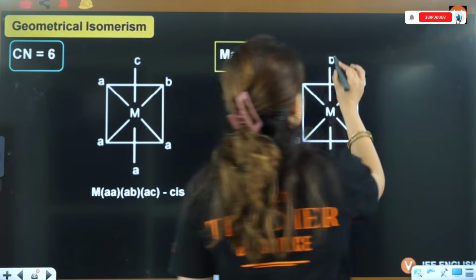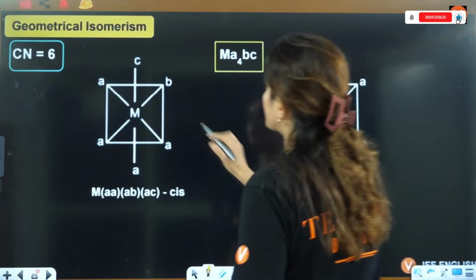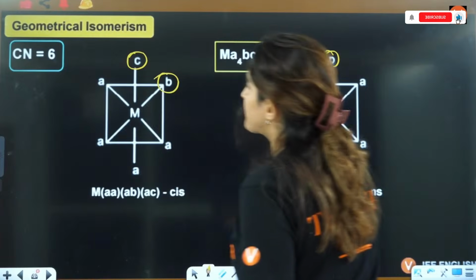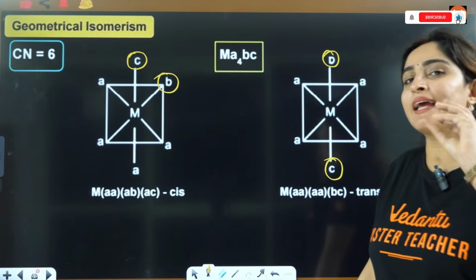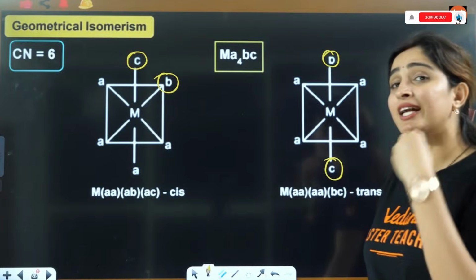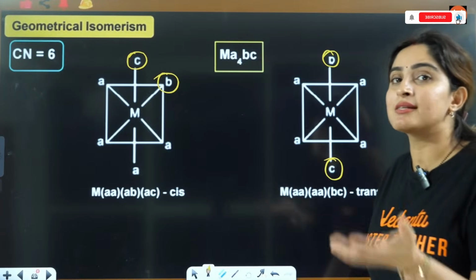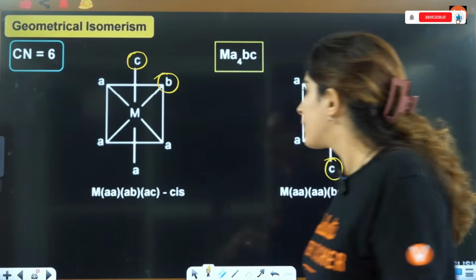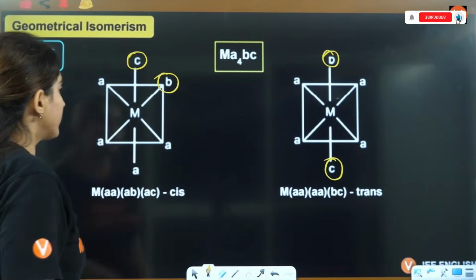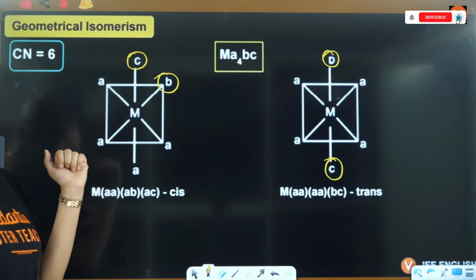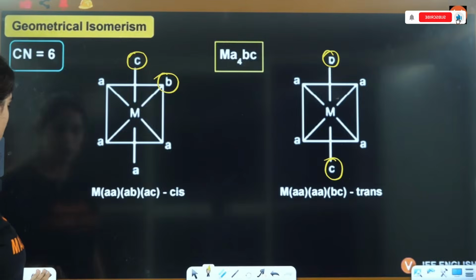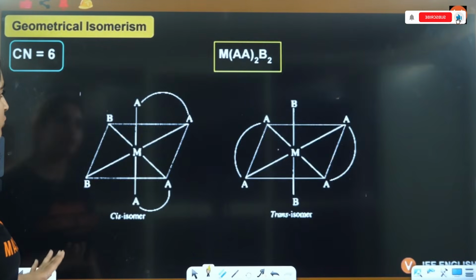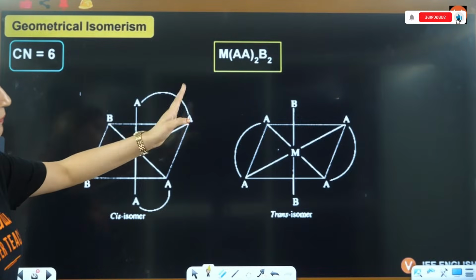And here C and B are opposite to each other. That's why this is behaving as a trans. Okay. So we are approximately taking these as equal, and that's how we can define which is cis and which is trans. Okay. Because with A we can't define it. With A everything is next to each other only. Right. Okay.